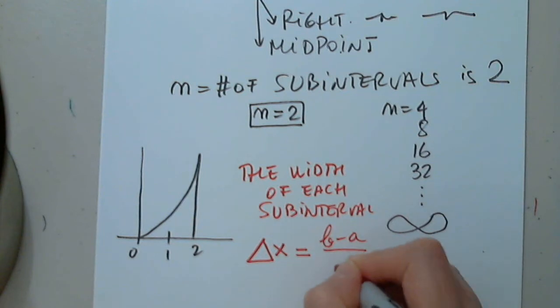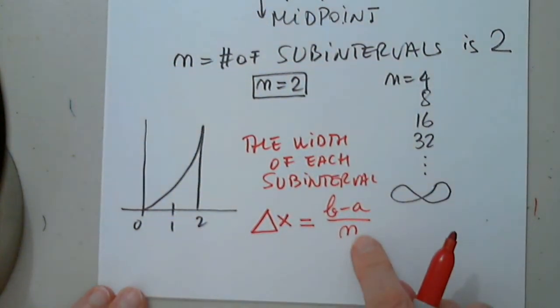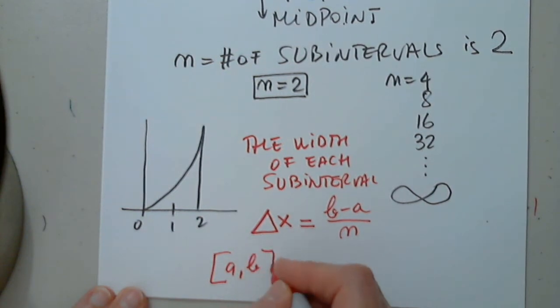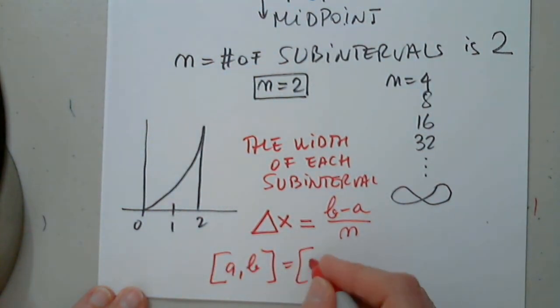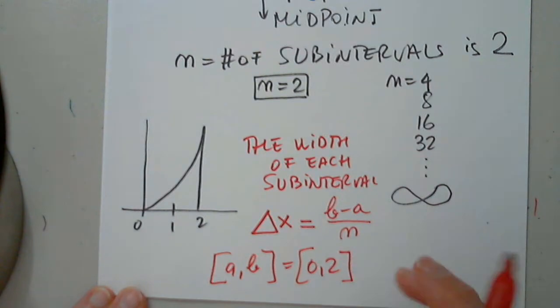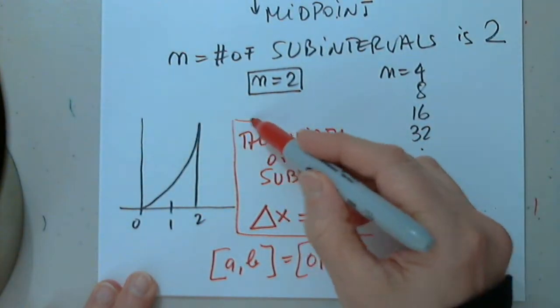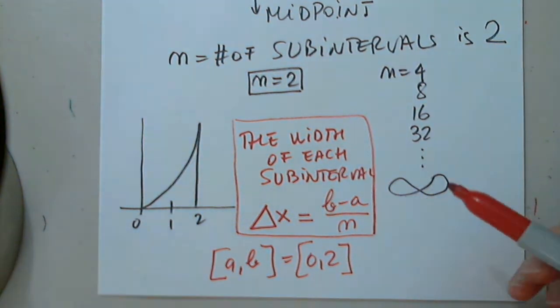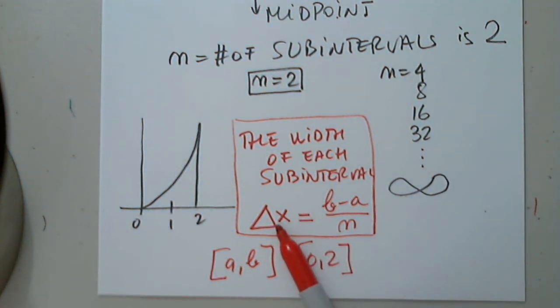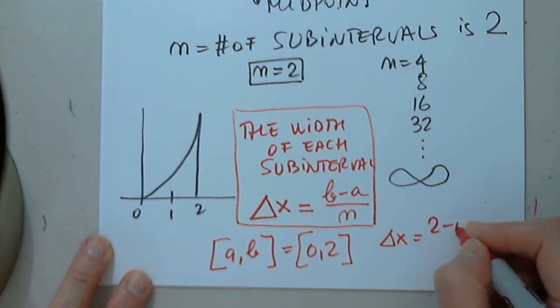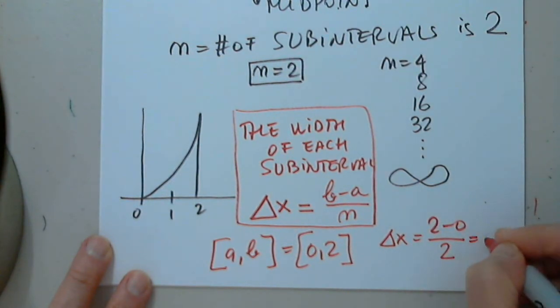N is the number of subintervals. A and b come from the interval. In our case, the interval is 0, 2. The width of each subinterval, delta x, in our example, will be 2 minus 0 divided by 2, which equals 1.